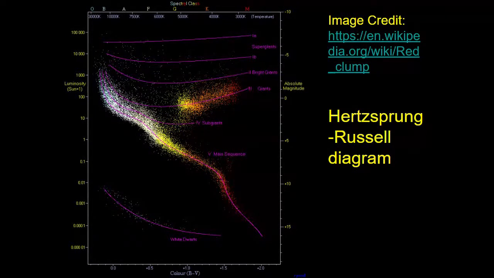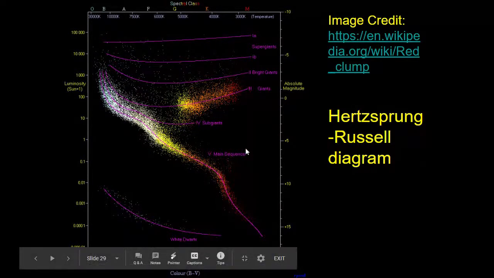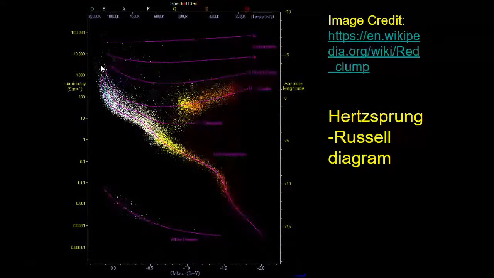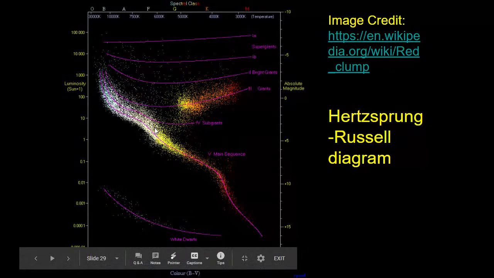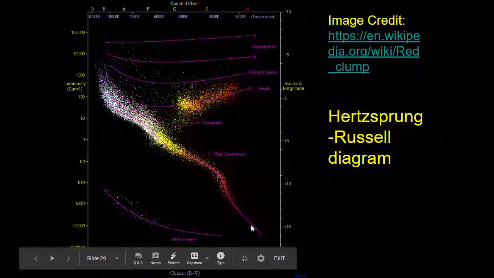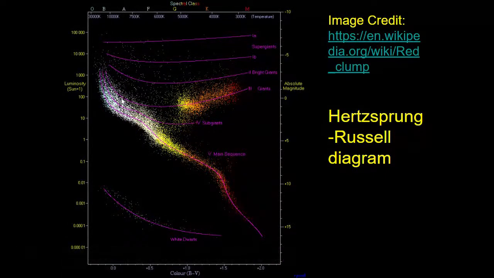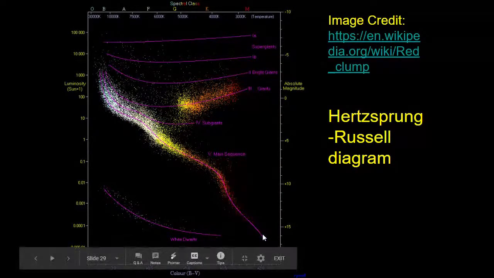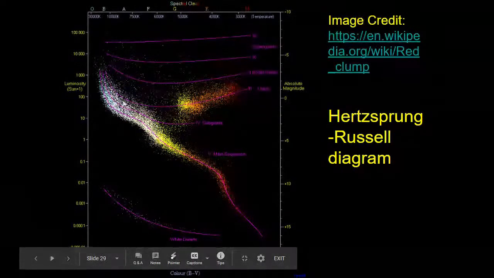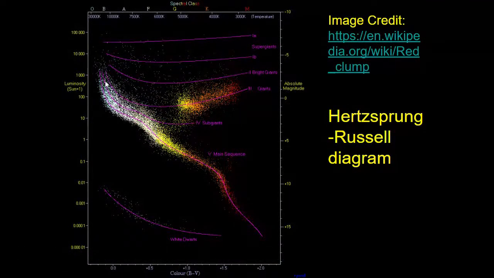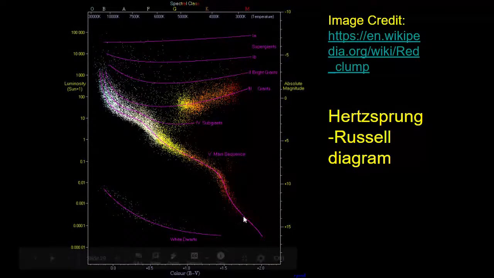And now, if you make observation of many stars, you see a pattern. You see a band, a snaky band of stars, okay? All the stars which are lying in the snaky band are the main sequence stars.